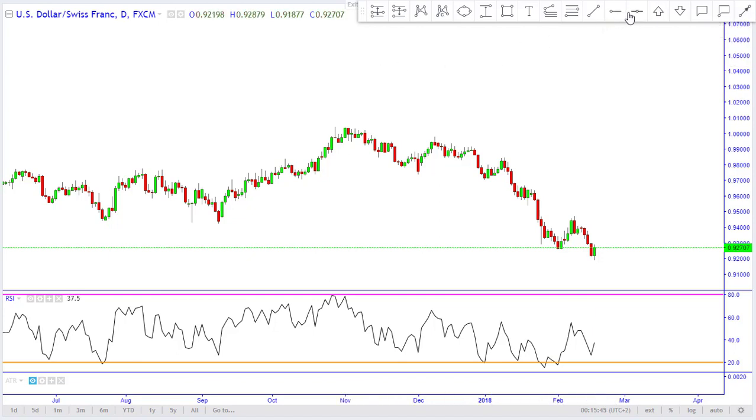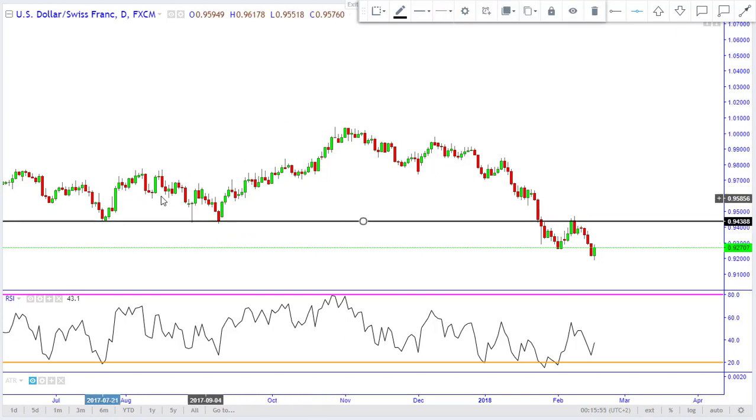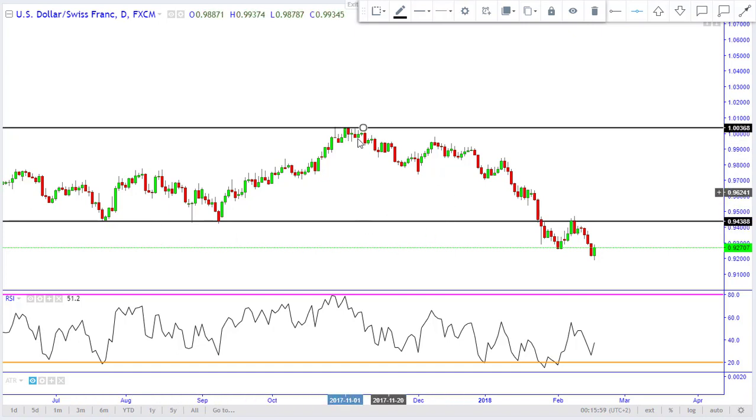Now, as I take my horizontal lines and put them where my support and resistance levels have been, you would notice that I have my support levels right here, and I have my resistance level right here.